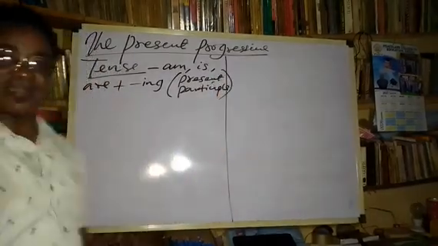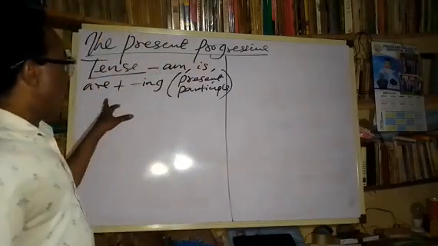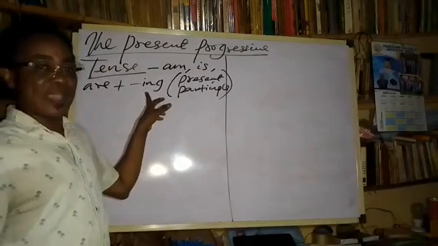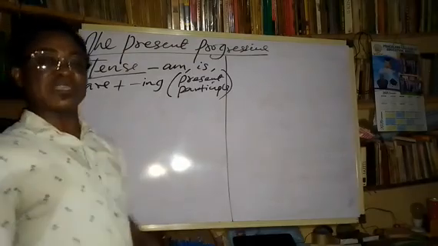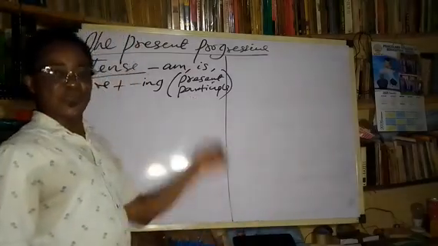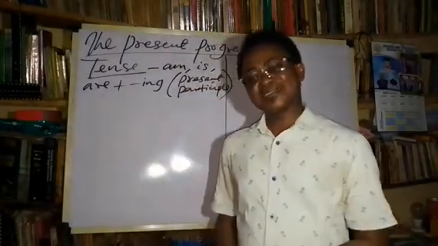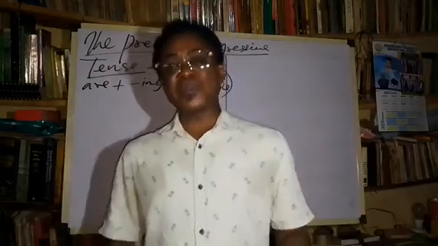So the formula is very simple. Am, is, or are plus an ing word is equal to the present progressive tense. And an ing word is called a present participle. What does the present progressive do?